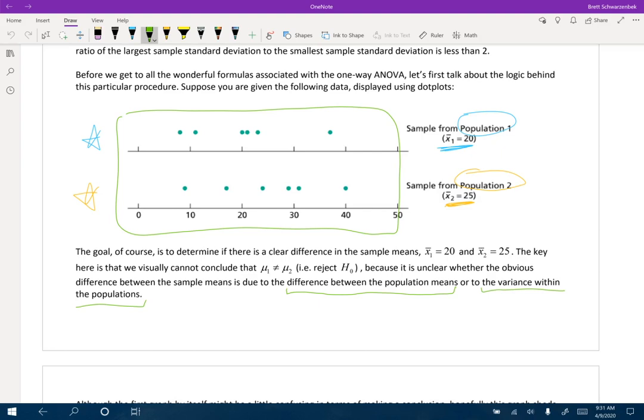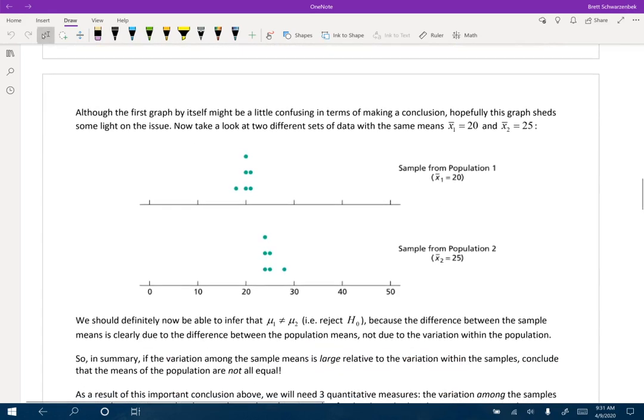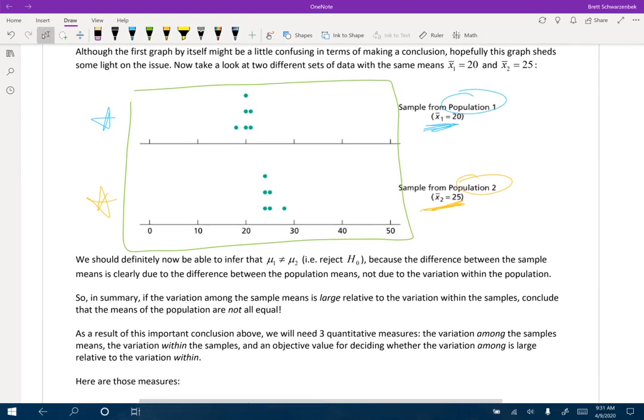But if you go to a completely different example, let's say we have the same scenario where we have population 1 with a mean of 20, but this time this is your dot plot. Let's say you have population 2 with mean 25, and this is your dot plot. If you look at these two pictures, it should be pretty clear that these means are going to be different, and they're different due to the difference in the population means. Why?